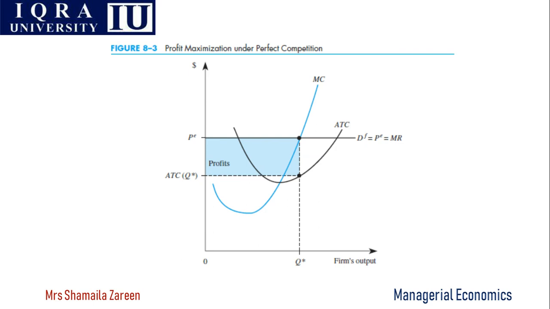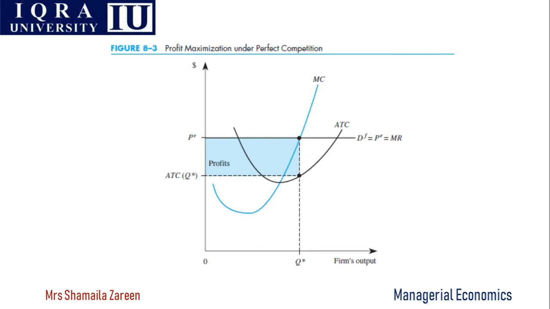On the vertical axis price is given, on the horizontal axis quantity is given, and they have drawn the perfectly elastic demand curve of the perfectly elastic market, where average revenue equals marginal revenue equals the demand curve. As you know, the basic condition of equilibrium is that marginal revenue must equal marginal cost.